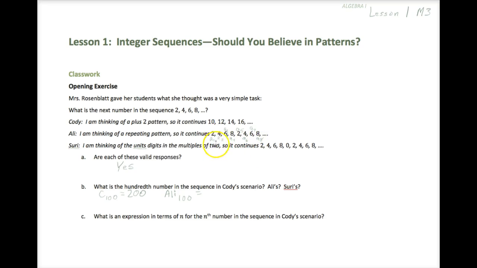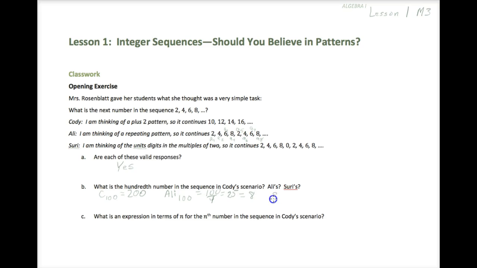What we can see is that when we get to A4, the pattern repeats. So if we take 100 and divide it by 4, we get 25. And there's no remainder, which means that this pattern will repeat 25 times and always ends on an 8. So Allie's 100th term will be an 8.